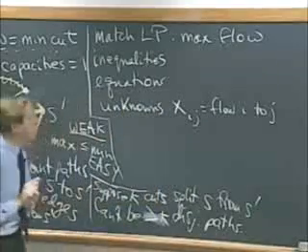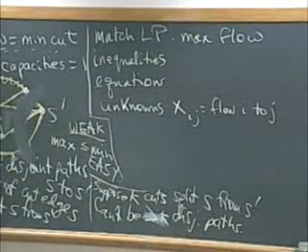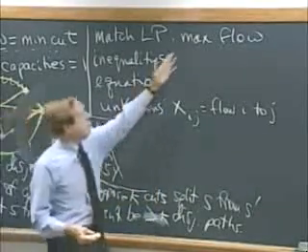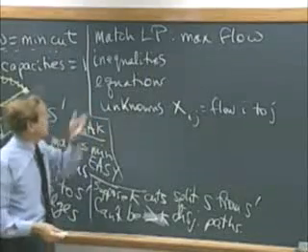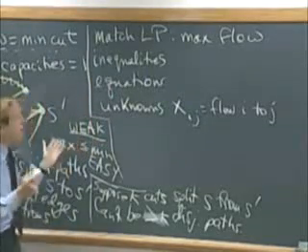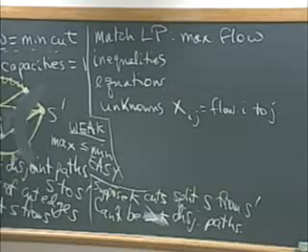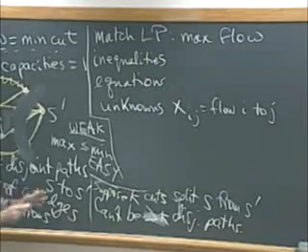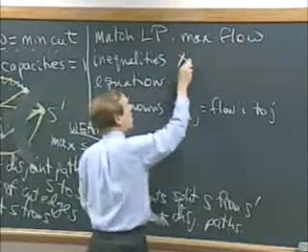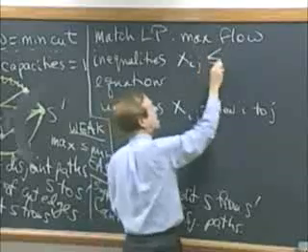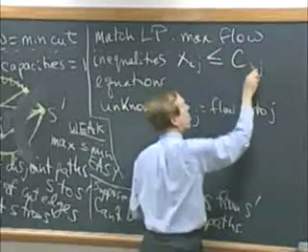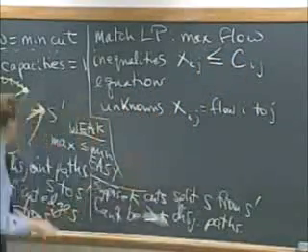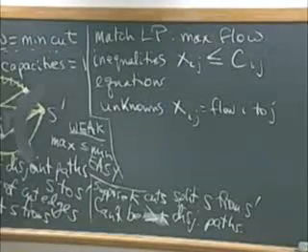Okay. So do you remember that in linear programming you're maximizing something, but you have certain inequalities? Now, what were the inequalities in this flow problem? The inequalities were that the flow couldn't exceed the capacity. We put a capacity of 5, 7, 9, 1, whatever on those edges.